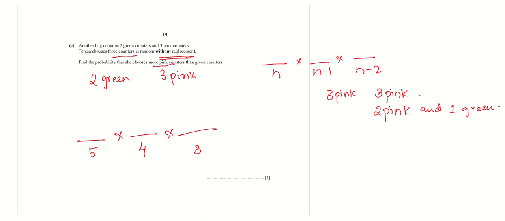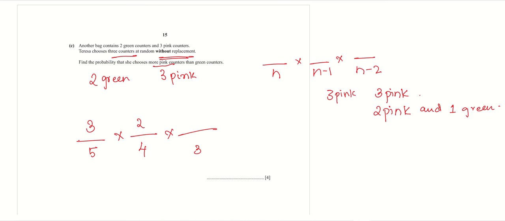Alright, so she can choose 3 pink counters. So that would be 3 out of 5 multiplied by 2 out of 4. Why did I do 2 out of 4? Because she already took 1 pink. She's not replacing it, she's not putting it back in the bag that she took it from.